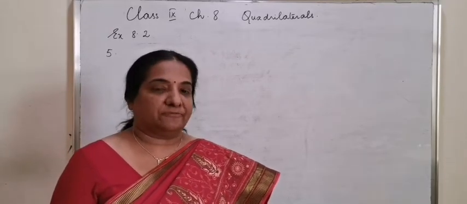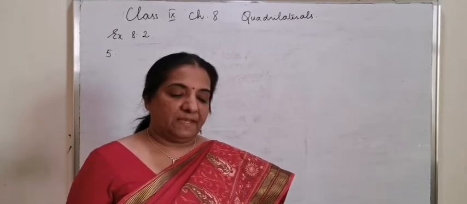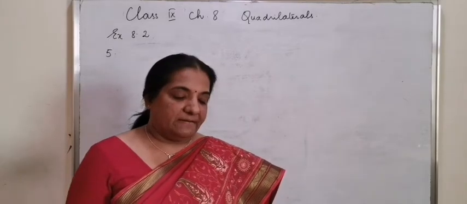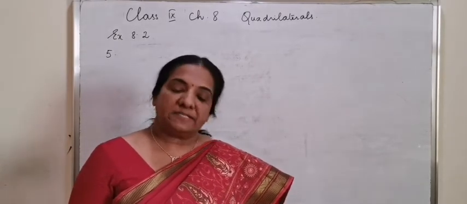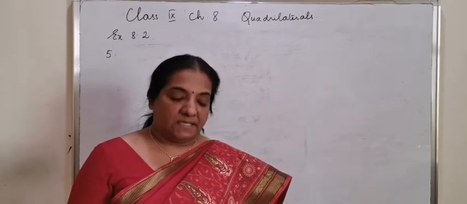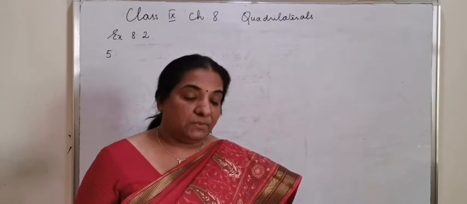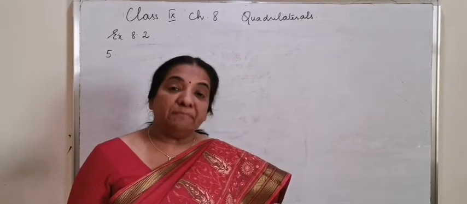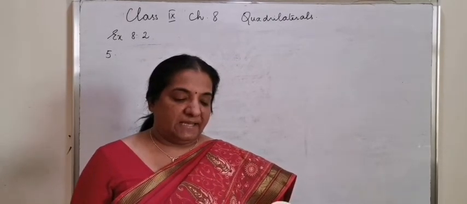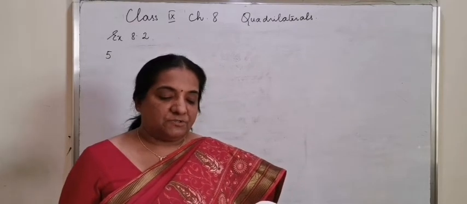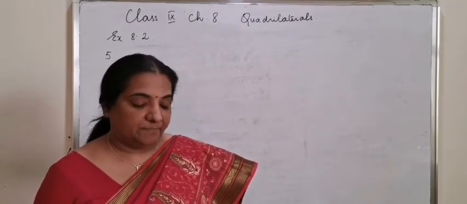Question number 5. In a parallelogram ABCD, E and F are the midpoints of AB and CD respectively. AB and CD are the opposite sides. Underline the words E and F are the midpoints of the sides. Show that line segments AF and EC trisect the diagonal BD.